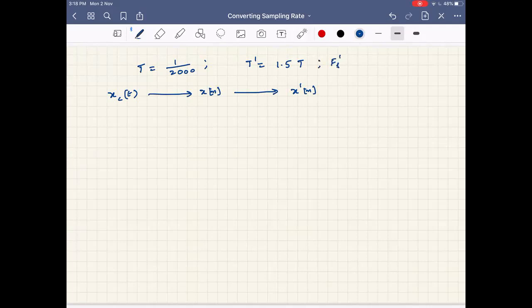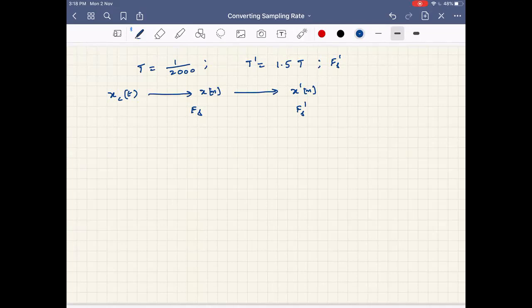Initially we have a sequence that is sampled with a sampling frequency of Fs. Now we would like to have a sequence that has a sampling frequency of Fs dash. These are important applications, and this Fs dash is not an integer multiple of Fs. It is not just twice the Fs, or half the Fs, or 3 times the Fs, or 1 by 3 times the Fs.